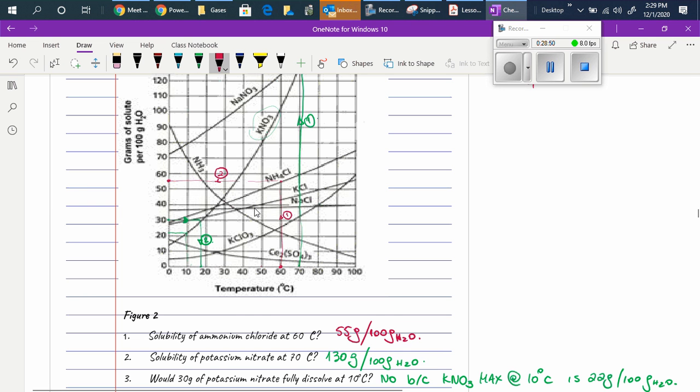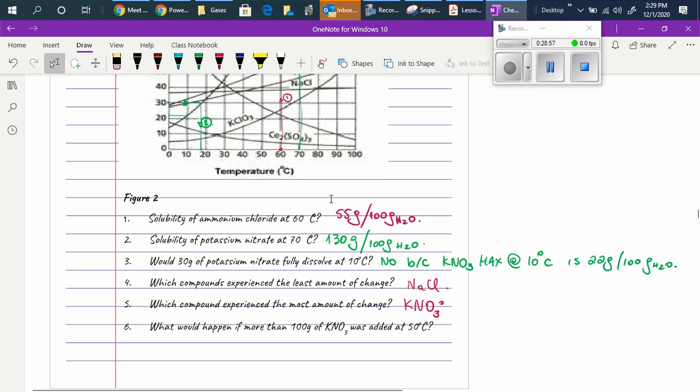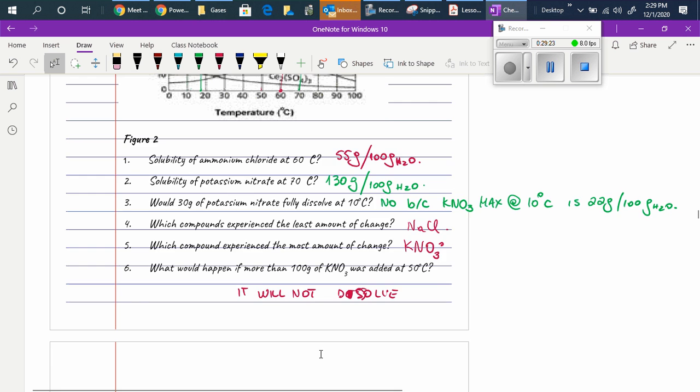At 50 degrees Celsius, we'll dissolve 80, and if you are adding 20 more, then 20 will not dissolve, so it will be a saturated solution. We'll be able to dissolve only 80 grams. The rest will not be dissolved, it will be excess.